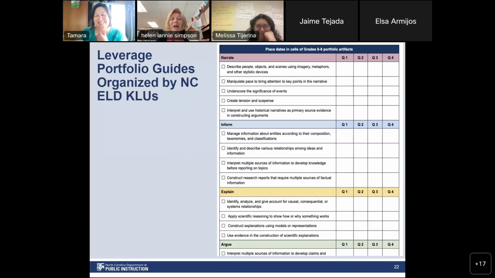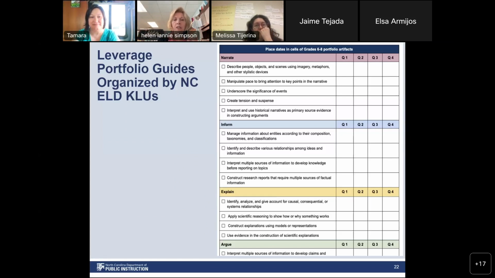Okay, so toward that end, when we think about the 4 key language uses, and now I remember my thought, Tamara and I agree that the 4 key language uses are a great point of entry for teachers because they're intuitive. And so let me share with you something if you haven't already seen these. Tamara and I have created what we like to refer to as portfolio guides organized by key language uses.